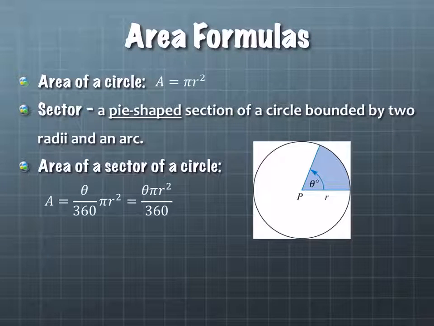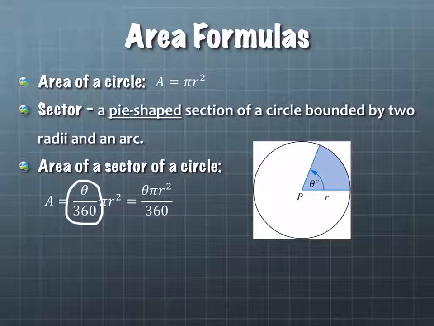The edge, I did pizza crust when I was talking about it with you. It's theta divided by 360, this piece right here. Right, that gives you the proportion of the circle that you're talking about. Theta divided by 360. And then you take that measurement times the pi r squared. And if you want to write them where everything's on top of everything on bottom, it ends up being theta pi r squared over 360.